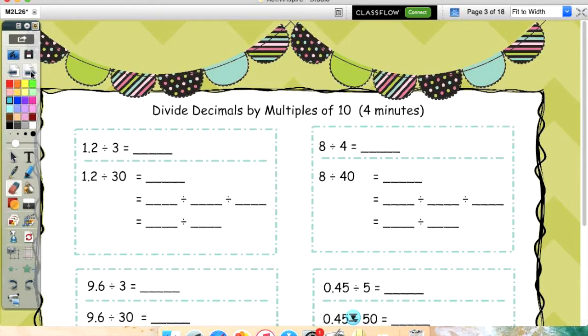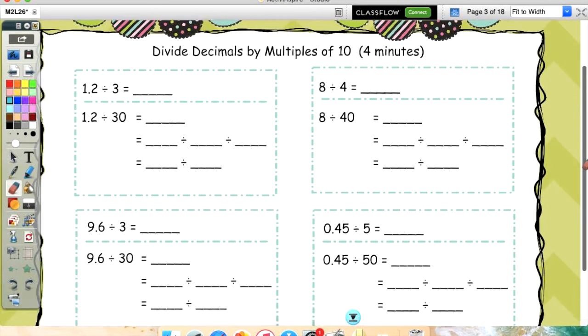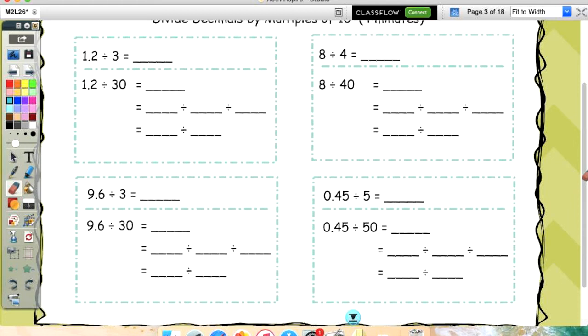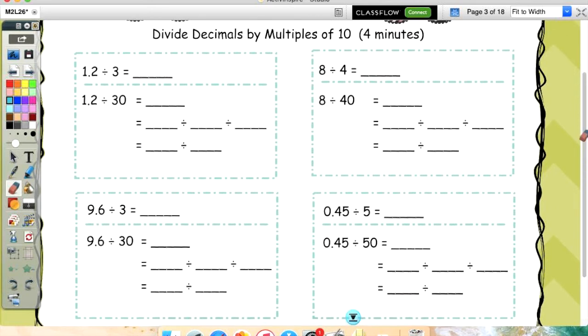Okay. The next one. This is a little review of lesson 24, which for you, it's actually the first time you've seen lesson 24. I don't know why I did this, but I put them in the wrong order. I want to start with 8 divided by 4. Okay? So 8 divided by 4 is 2, correct?